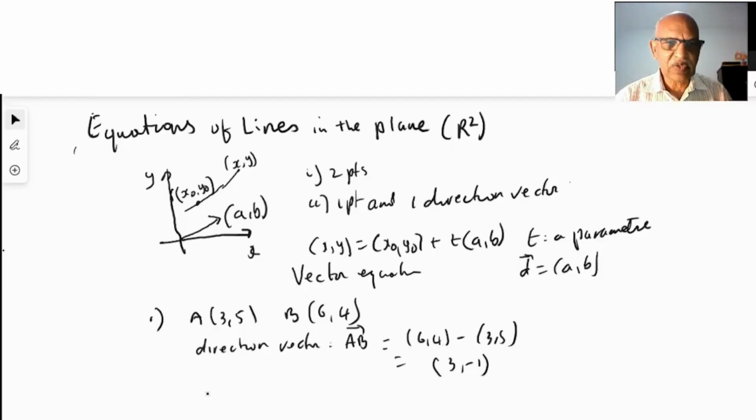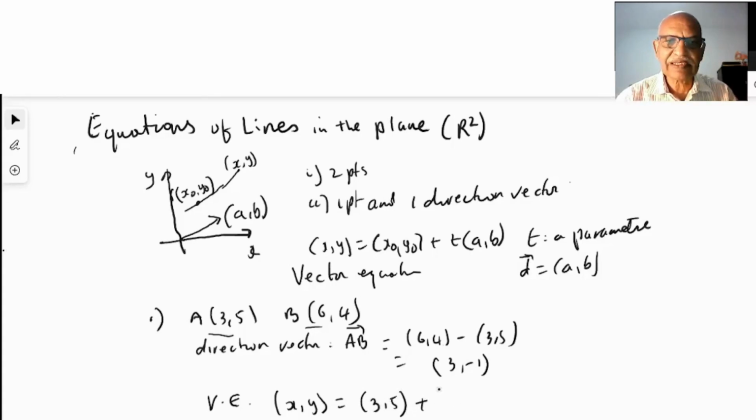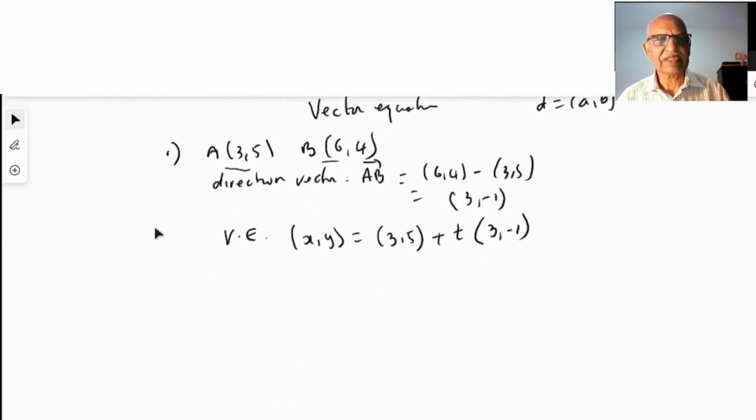What is the vector equation of this? I can take either point A or point B, it doesn't matter. So xy, a generic point, is equal to the initial point A(3, 5) plus t, the parameter, times the direction vector. So this is a vector equation.